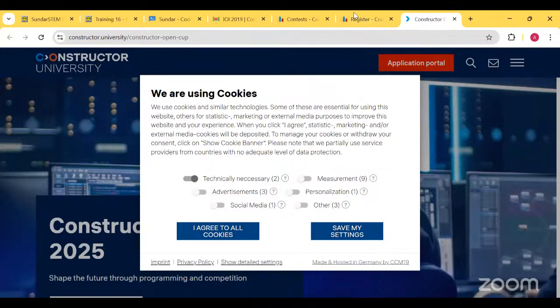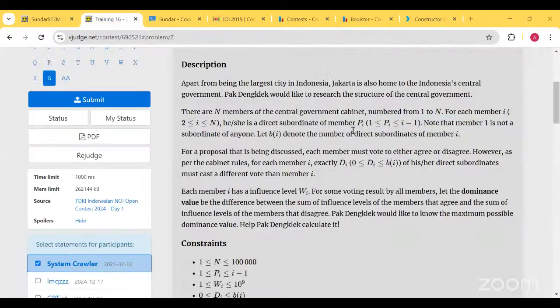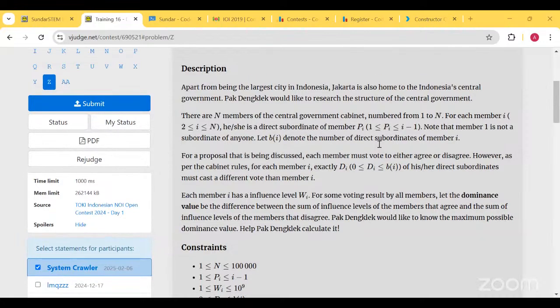Let's bookmark this. Okay. All right. Thank you for the information. And let's get back to the problem.